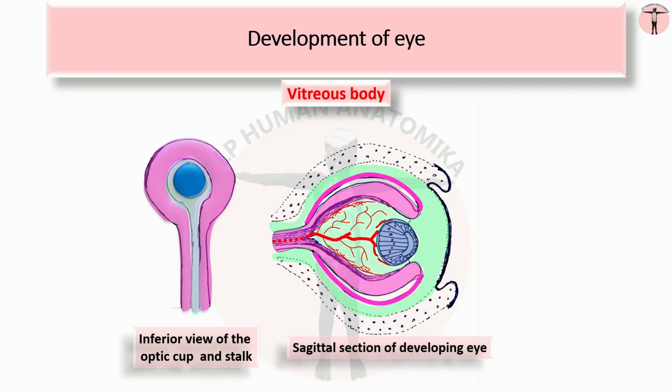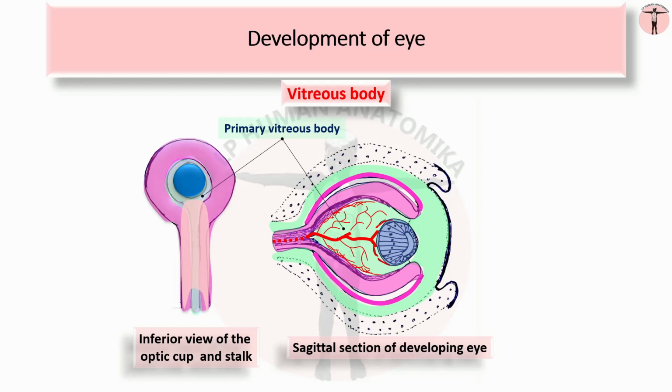The mesenchyme invades the optic cup through the retinal or optic fissure. The mesenchyme becomes entrapped as the retinal fissures close and seal off the optic cup. This entrapped mesenchyme, along with the cells originating in the ectoderm, forms the primary vitreous body.